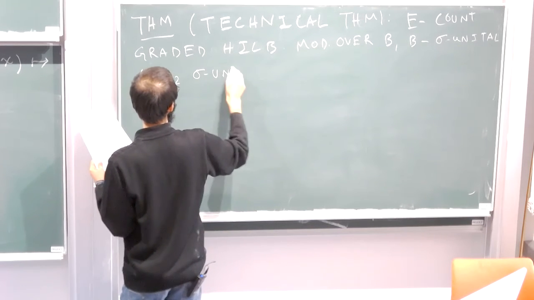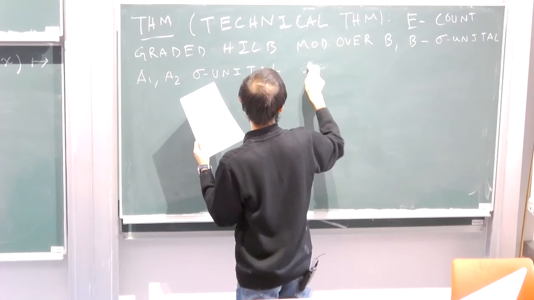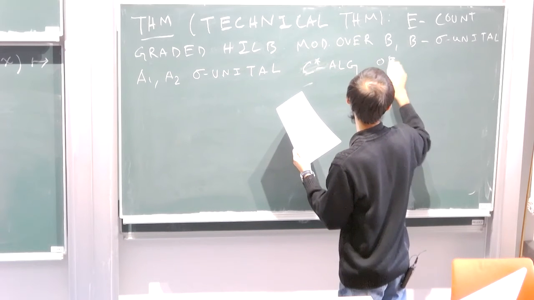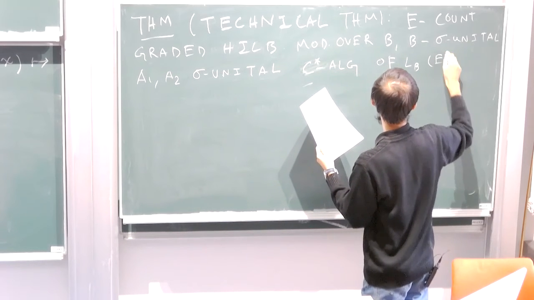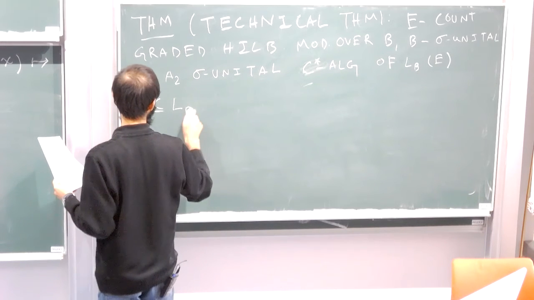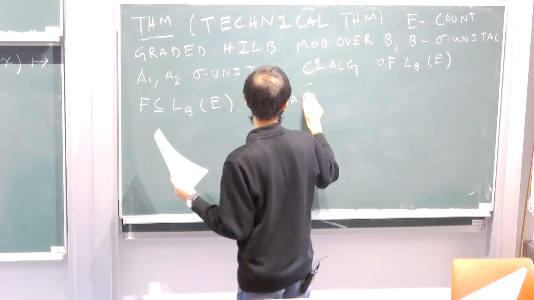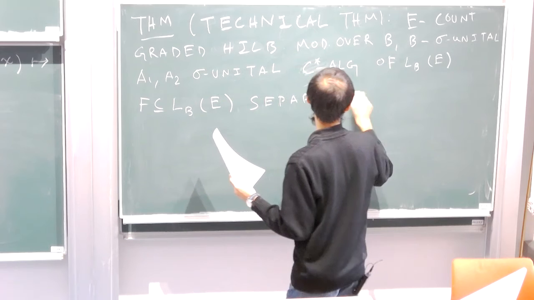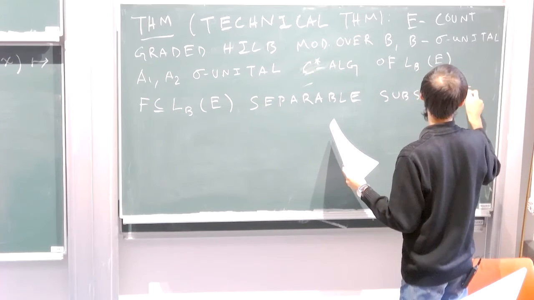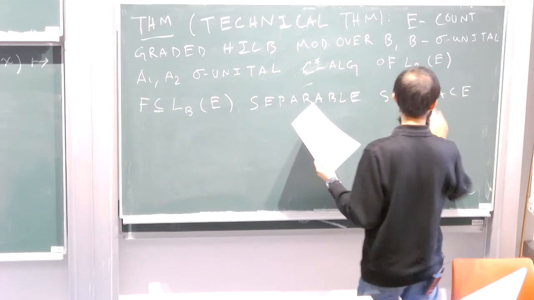A1, A2 are sigma unital subalgebras, sister subalgebras of LBE. F is a separable subspace, closed. It's a linear subspace, so closed.